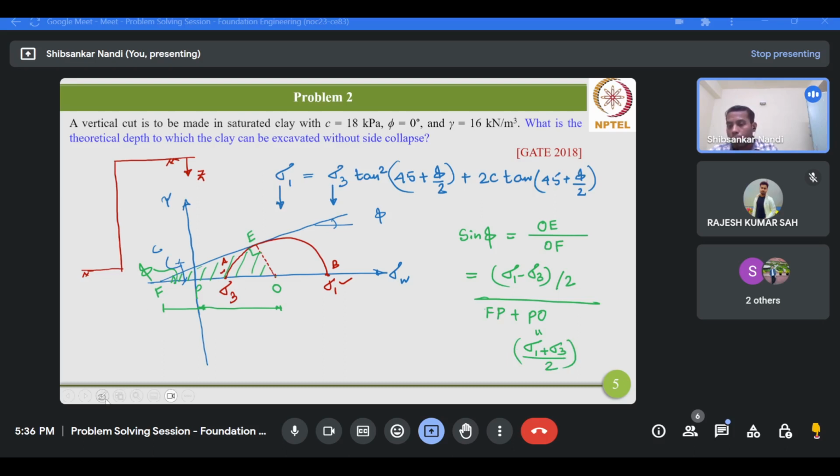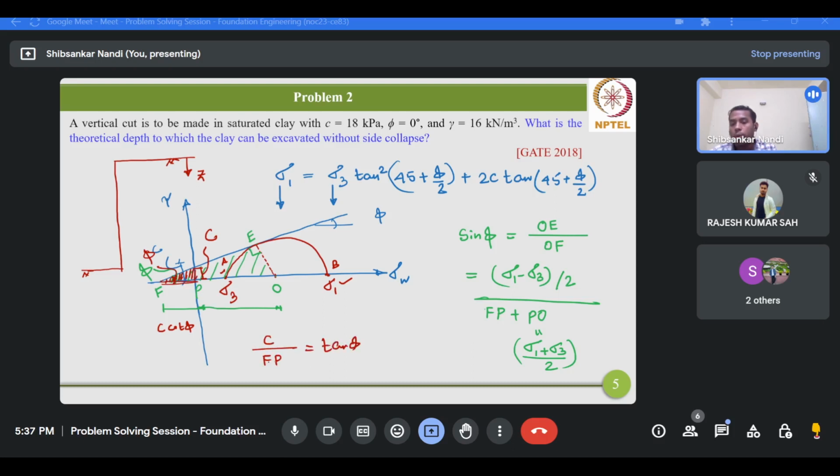We can get FP again from this small triangle, because this intercept is your C and this angle is your phi. So C by FP will give you the tan phi, perpendicular by base.